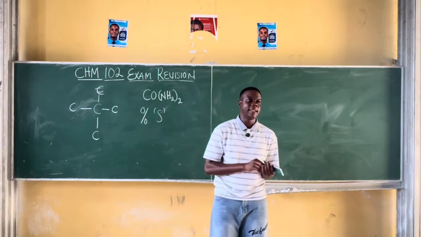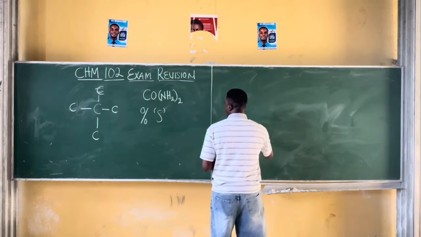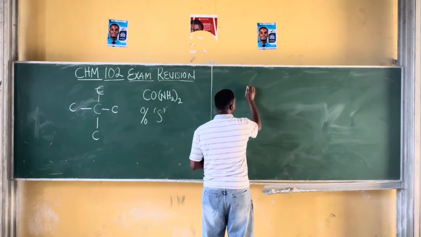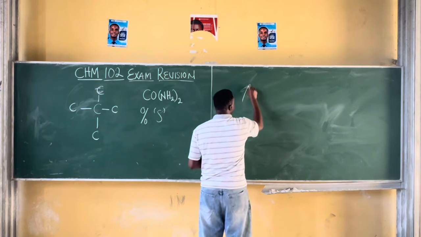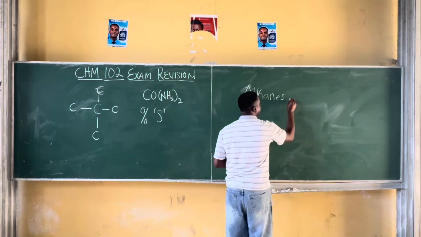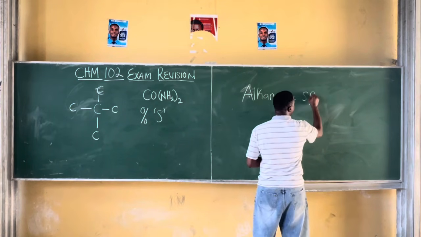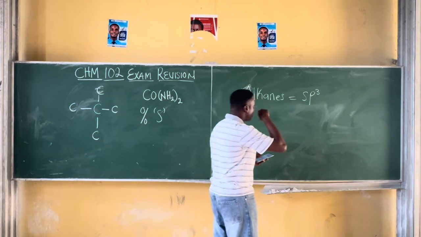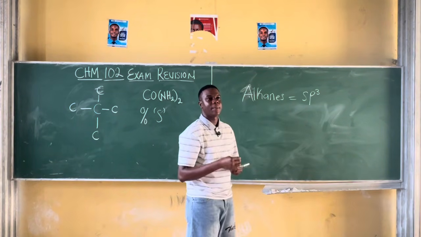Now, ethane, or alkanes generally, alkanes are sp3 hybridized. Okay? Alkanes are what? sp3 hybridized.